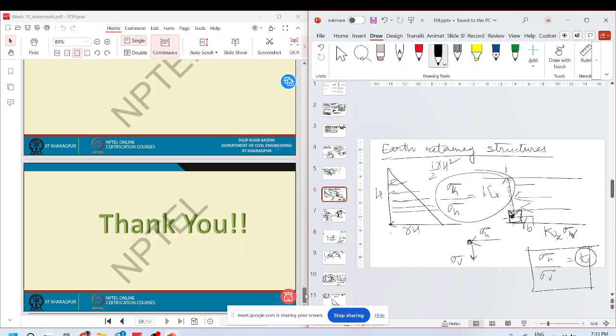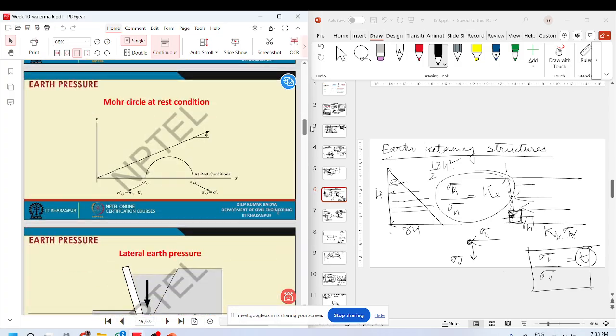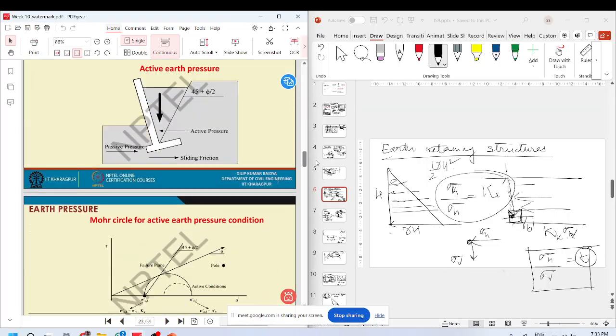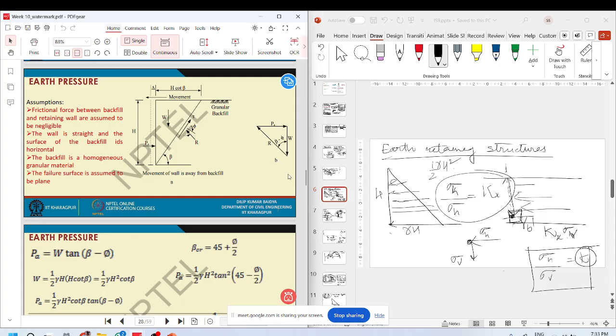So the other thing that we want to mention is the assumptions. This is also important.